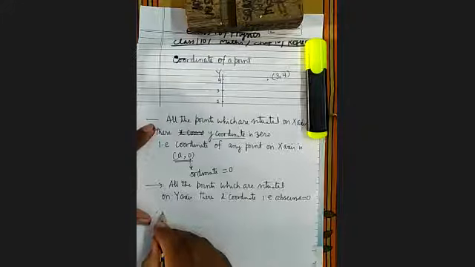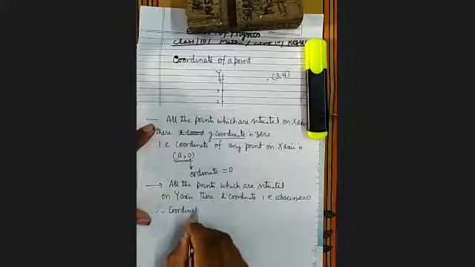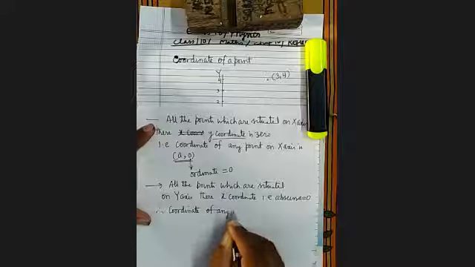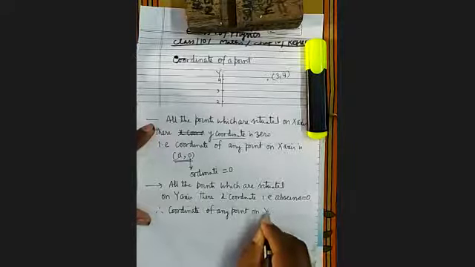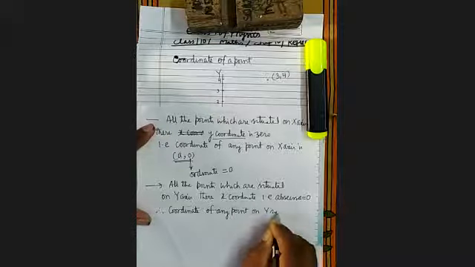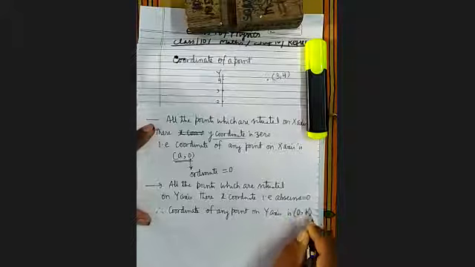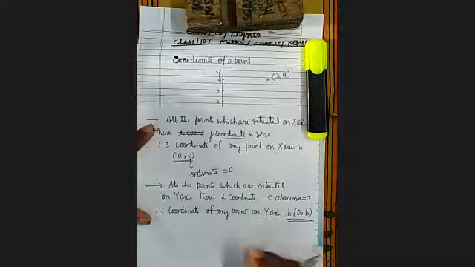Therefore, the coordinate of any point on the y-axis is 0 comma b. It is clear.